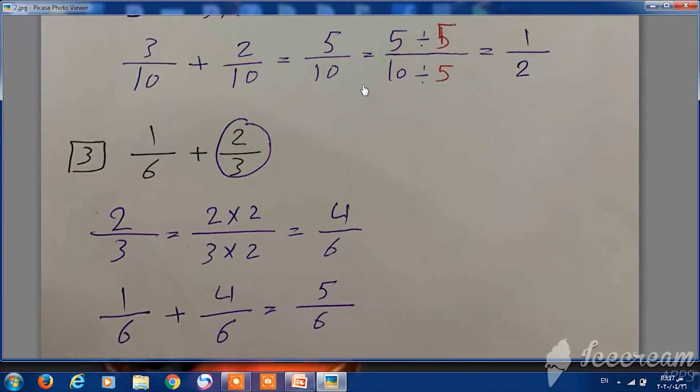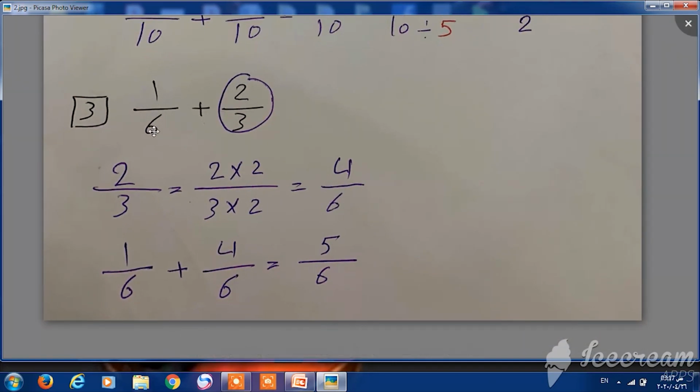Look at number 3. We have 1 over 6 plus 2 over 3. We take this fraction because 3 is less than 6. It's easier for me, so we multiply by 2, because 3 multiplied by 2 equals 6.